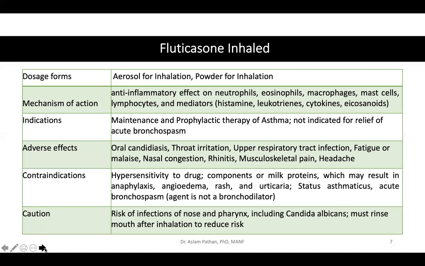Status asthmaticus and acute bronchospasm are also contraindications because in status asthmaticus and acute bronchospasm, we need bronchodilators, and fluticasone is not a bronchodilator. That's why fluticasone is contraindicated in status asthmaticus and acute bronchospasm.